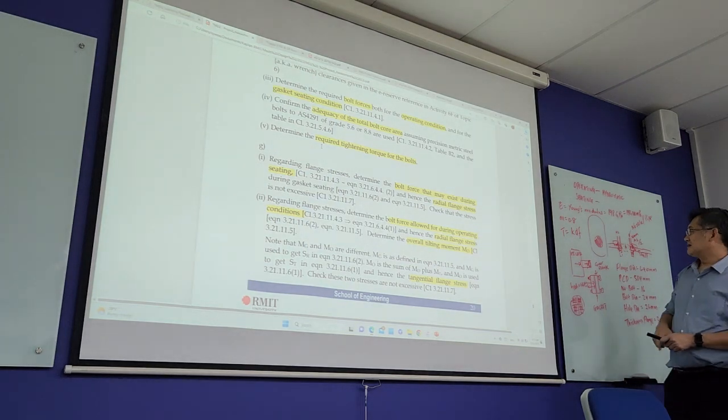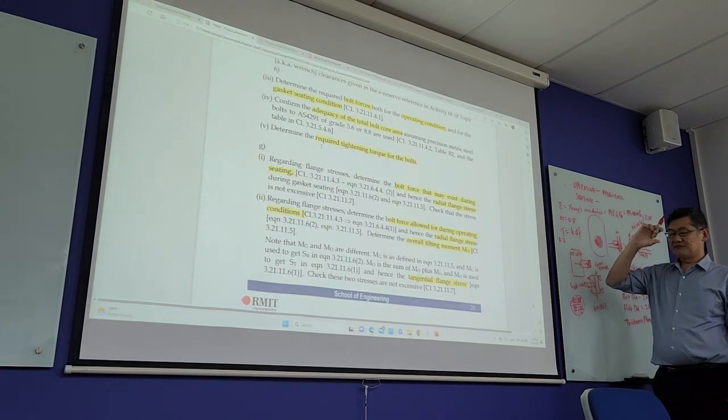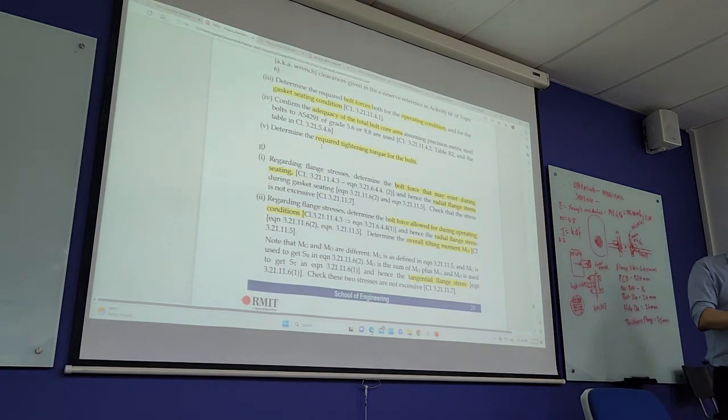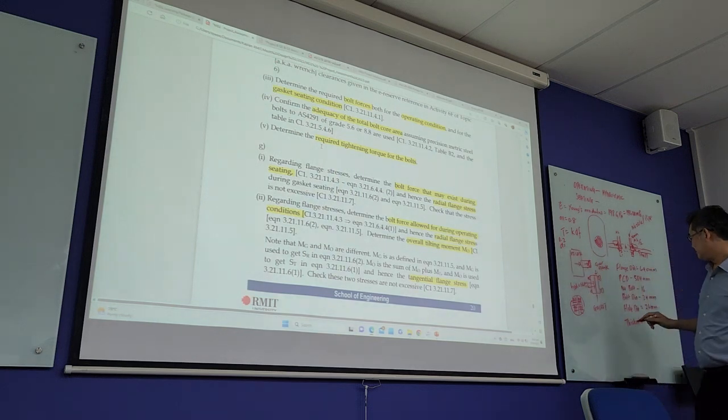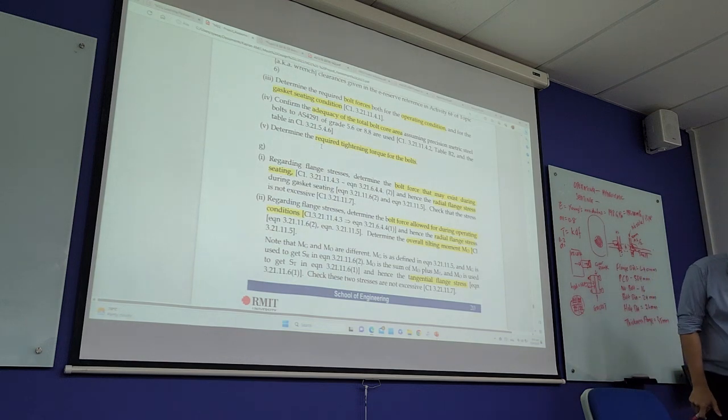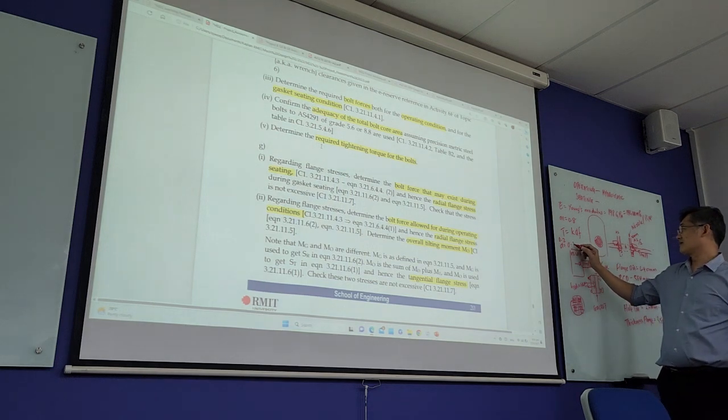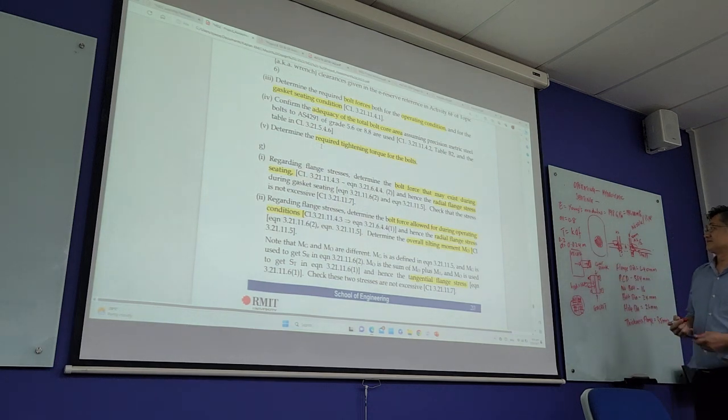So K is 0.2. It's actually the material used for the bolt. So over here, zinc plated, 0.2, and then the diameter we mentioned just now. Diameter here is 24 mm, so 0.024.